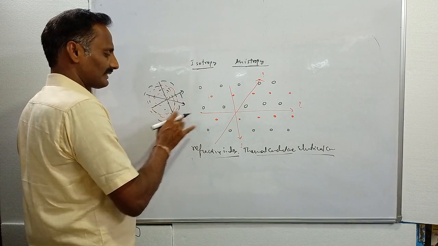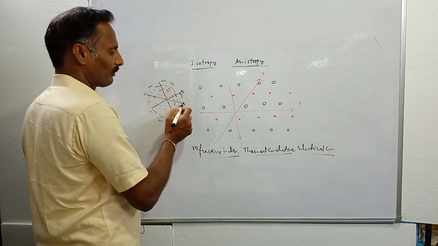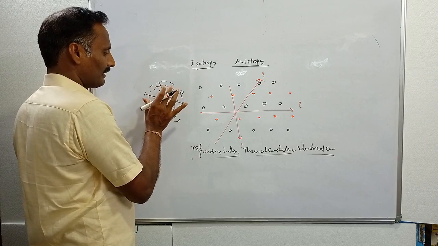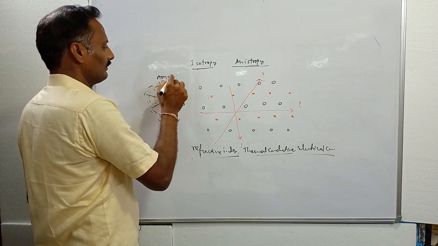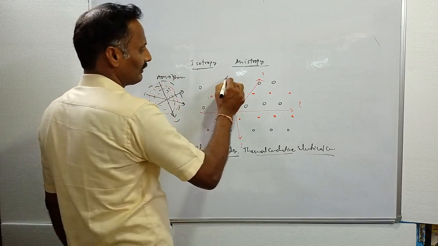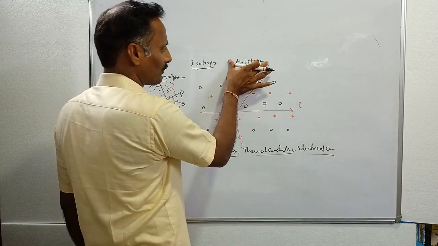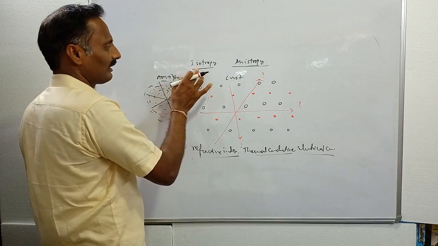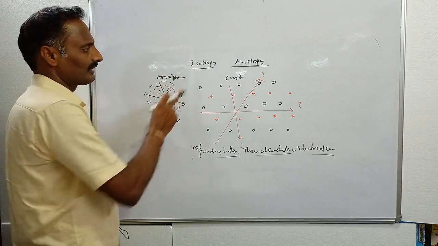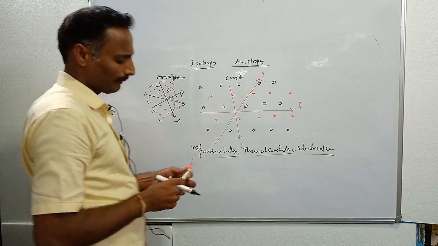That is called isotropy, and this property occurs in amorphous solids. That's why crystalline solids are anisotropic in nature and amorphous solids are isotropic in nature. That's the difference between isotropy and anisotropy.